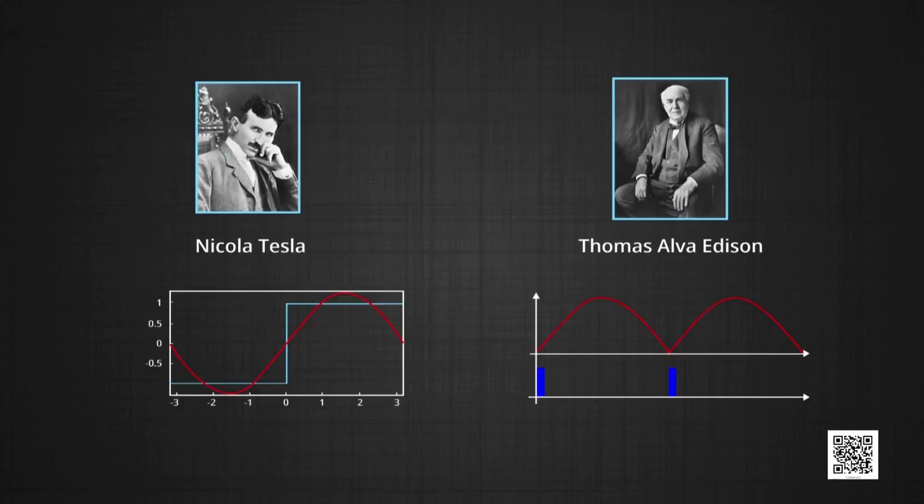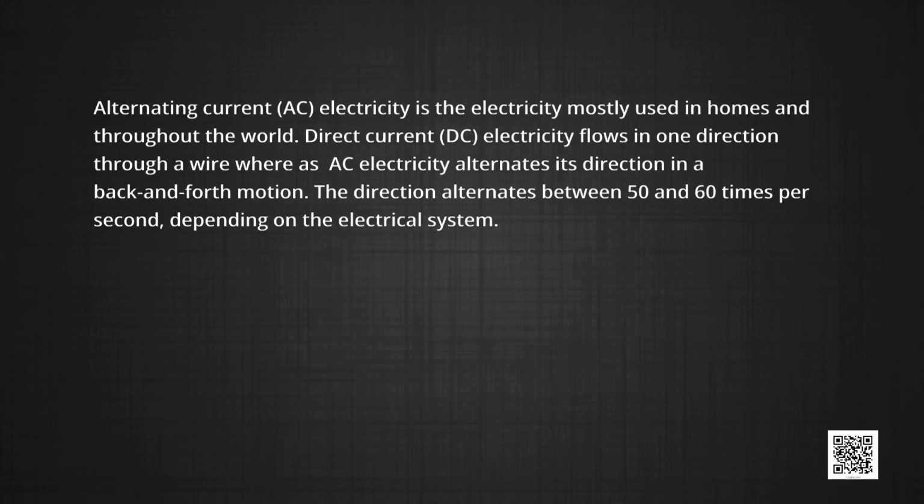Here we can see these revolutionary scientists and their inventions: Thomas Alva Edison, who discovered the incandescent light bulb, and Nikola Tesla, who discovered AC. These two waveforms show alternating current, where electricity is mostly used in homes and throughout the world.